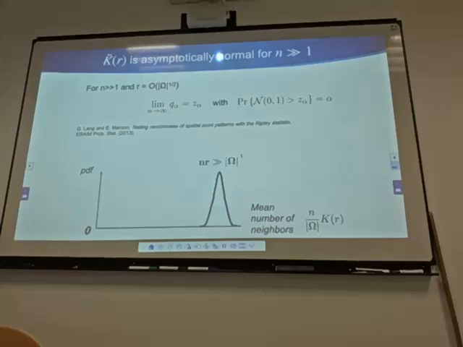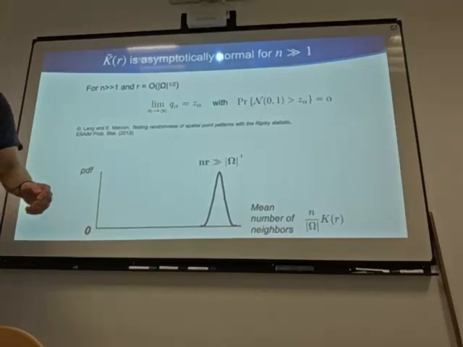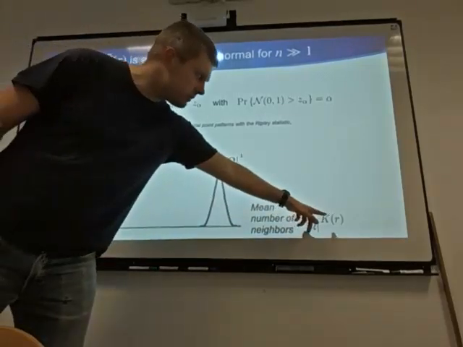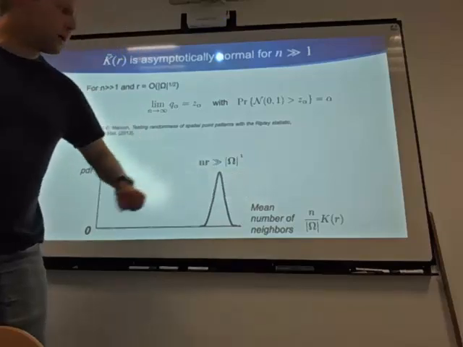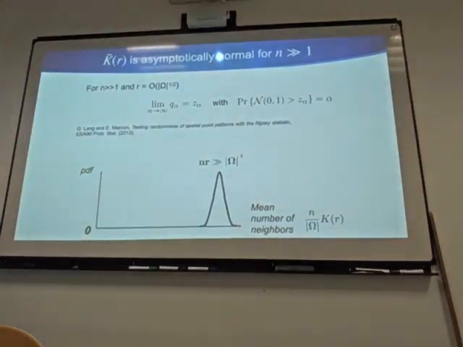We worked a bit on this because in many applications the number of points is not that big. If you look at the mean number of neighbors, which is K n divided by omega, at distance r, when you don't have many points, this mean number will always be positive.